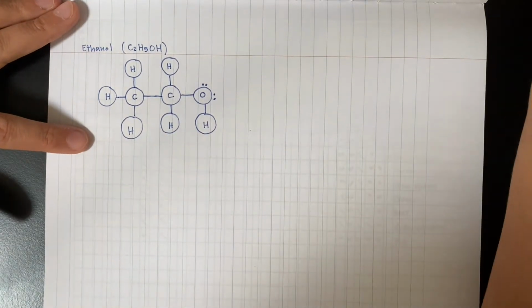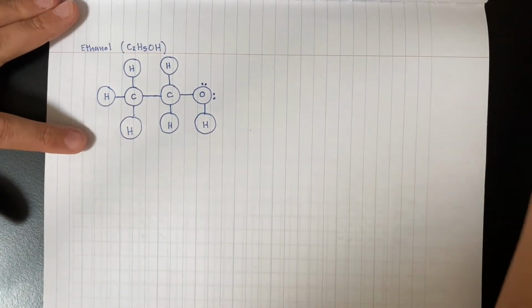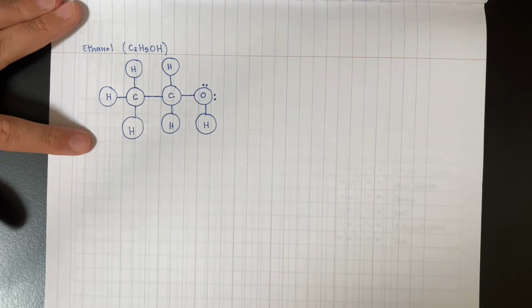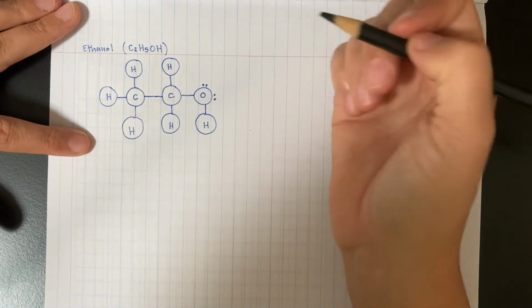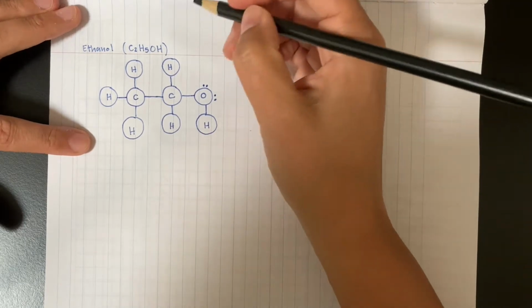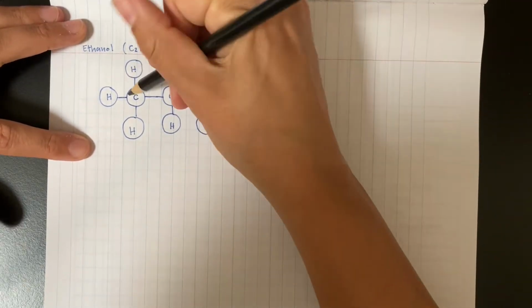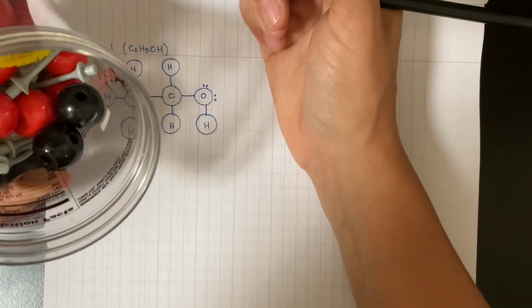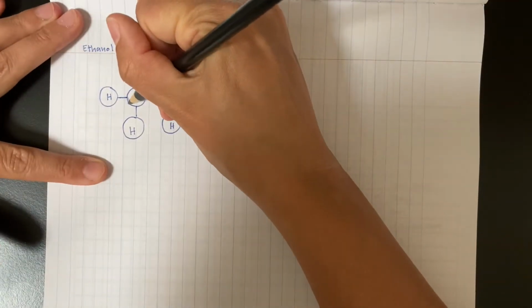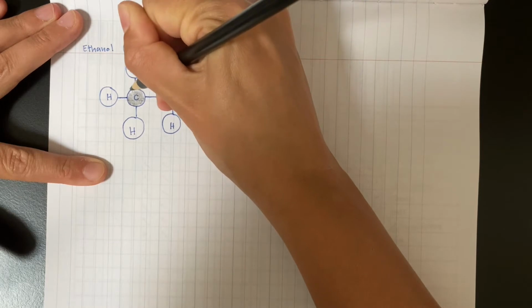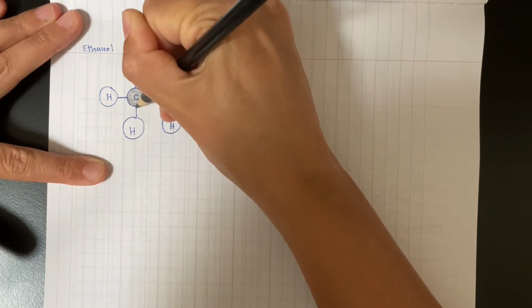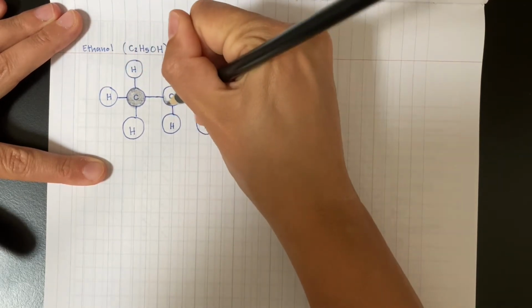Now I'm going to go through and build this, but before I do, I want to make sure that I know what color each of these things is so that I can build it out of the right atoms in my molecular model kit. So carbon is black, and whenever you use a molecular model kit, carbon is always going to be the black atoms.